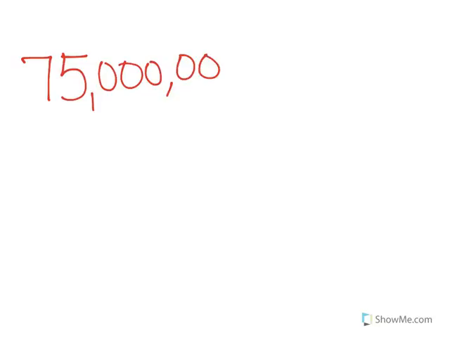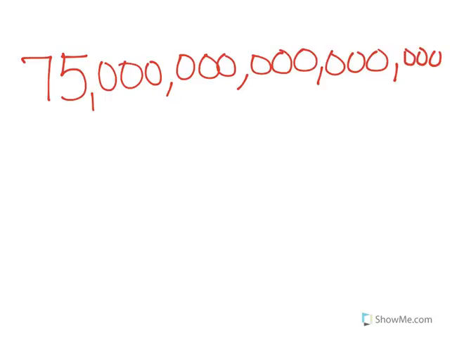So let's say we have this number. So we want to move our decimal point from the very end here to be between the 7 and the 5, because 7.5 will be less than 10 but greater than 1.